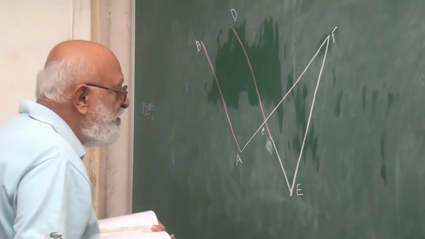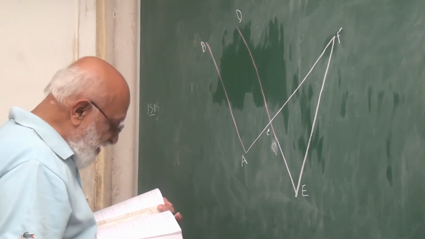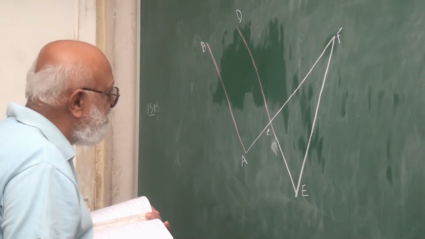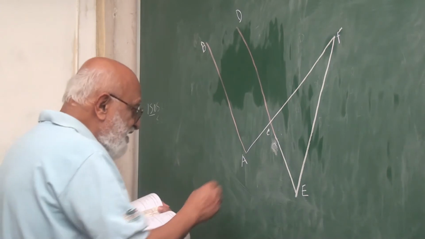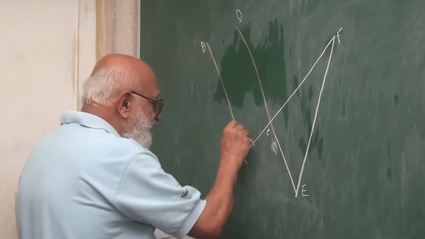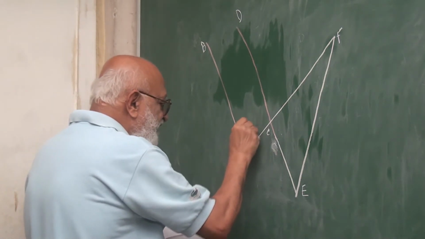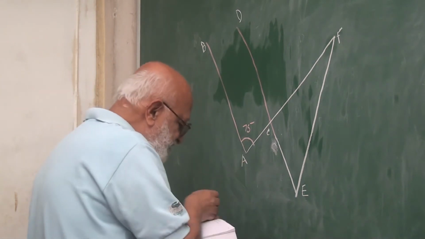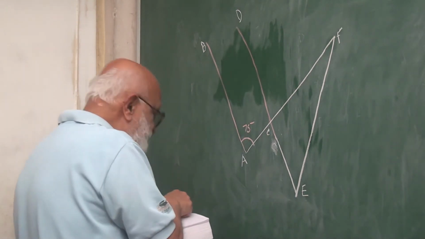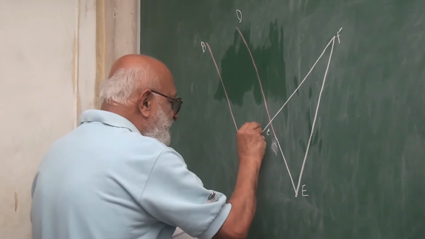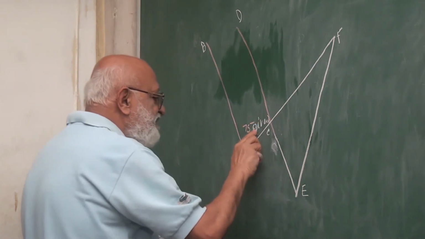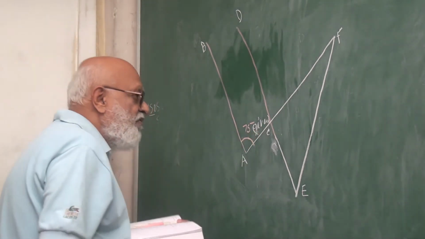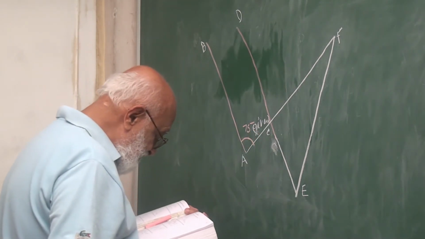Okay? So this is the problem sketch. And what is the information given? This angle is given as 75. This is given. What else is given?